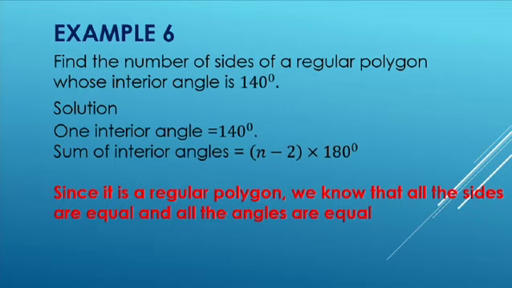Since in this example we have a regular polygon, and we know that if it is regular, all the sides and all the angles are equal, right? So, one interior angle will be n minus 2 times 180 degrees, and you divide that by n, right?